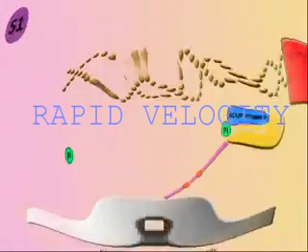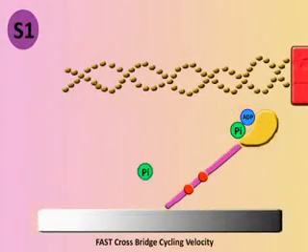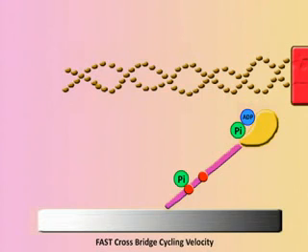Rapid velocity requires high myoplasmic calcium, therefore maintaining the myosin light chain cross bridges phosphorylated. It has 4 steps. S1. In the relaxed state, cross bridges are present as a high-energy myosin ADP-Pi complex in the presence of ATP. S2.